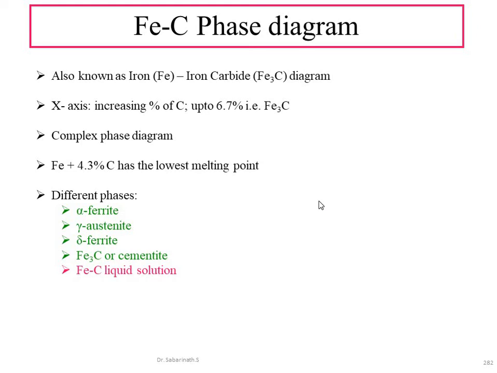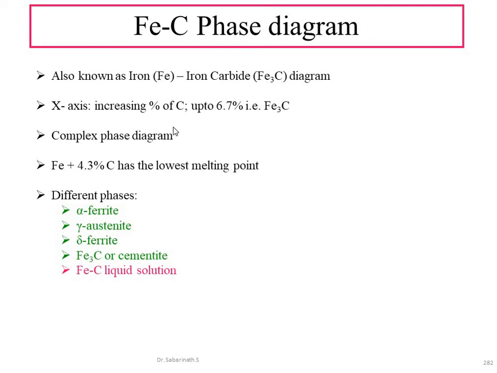So to begin with, I need to say a few things about the iron carbon diagram. It is also known as the iron carbide diagram, that is the Fe and Fe3C diagram.